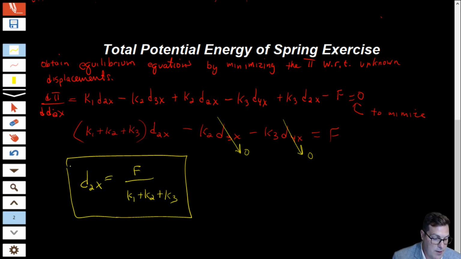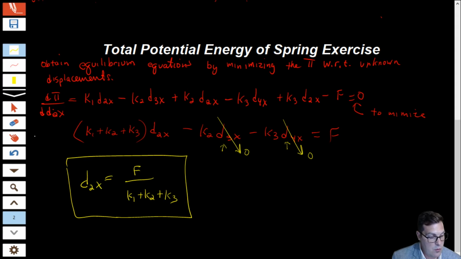So pretty interesting. What's important here is we used those known boundary conditions to help simplify our problem. If we didn't have those or they were unknown, we would keep these in, and we would have to write other equations with derivatives, right?